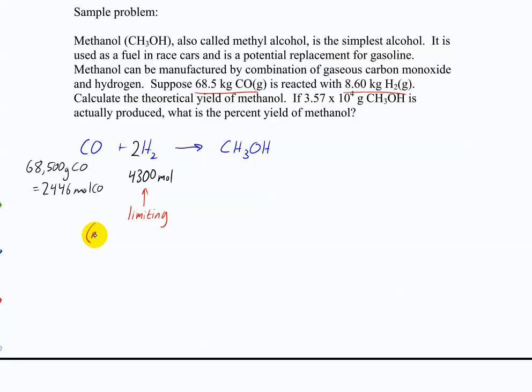It's limiting because we need 2,446 times 2, which is, we got that? So we need 4,892 to get all of the CO to react. And we don't have that, we have 4,300. So then how many moles of methanol can we make from 4,300 moles of hydrogen?